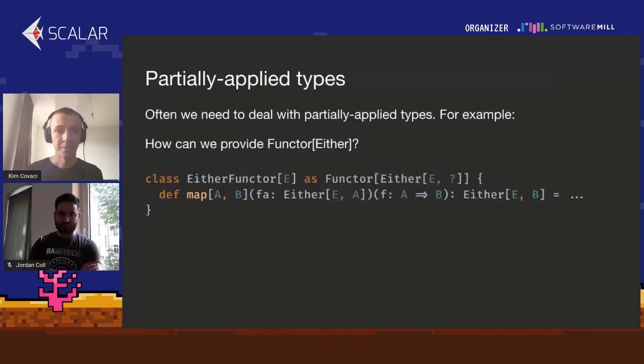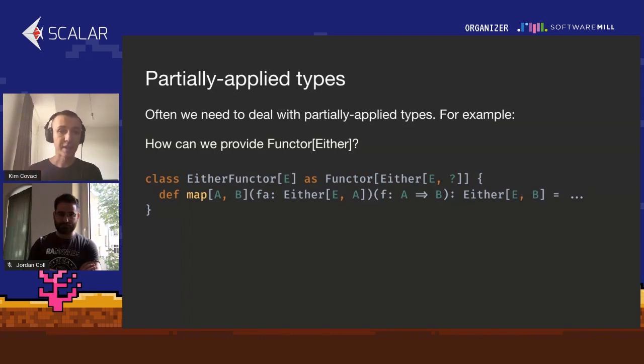Another common thing that you want while dealing with type classes is partially applied types. Partially applied types are pretty similar to partially applied functions, but they're defined on types. One example: imagine that we want to provide an instance of functor for the EitherT class.